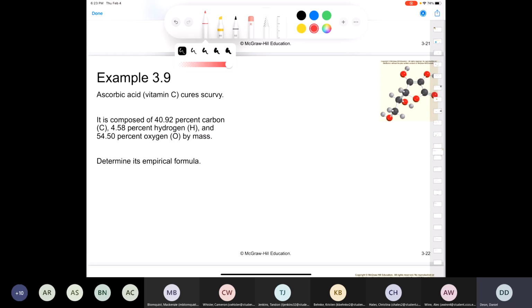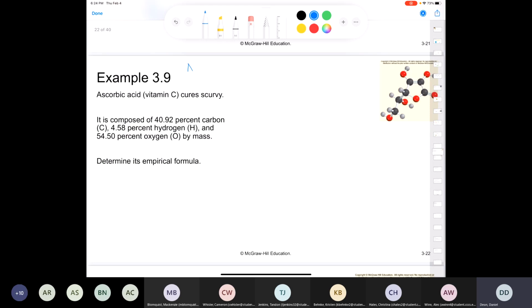There's an assumption that we're going to make here. Now, to some of you, I'm sure it's intuitive. To others, maybe not as much so. But look, if we know that we have this much percent carbon, this much percent hydrogen, and this much percent oxygen, if we were to add up those three numbers that I have circled in blue, what would we get? We'd have 100%. So here's the assumption we're going to make.